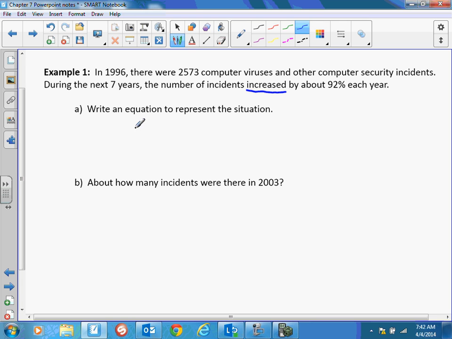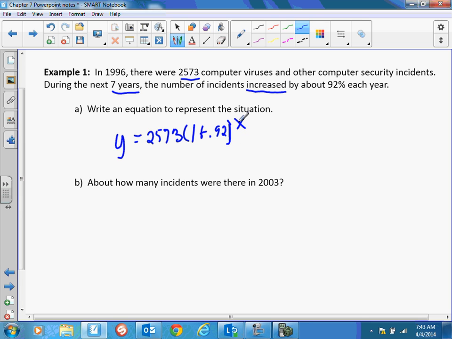If we just want to write an equation to represent this situation, not solve it yet, we write y equals a, the initial amount, 2,573, parentheses 1 plus the percent, which we changed to a decimal, 0.92, to the power x. I know it says 7 years, but we're not solving it yet. We're just trying to write an equation to represent the situation.